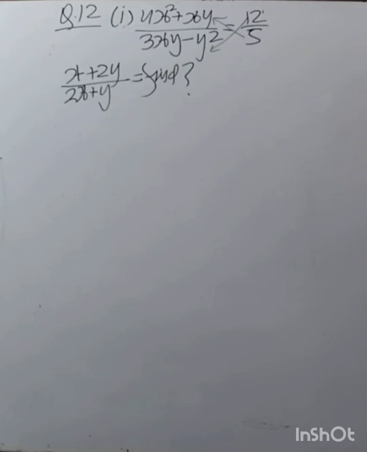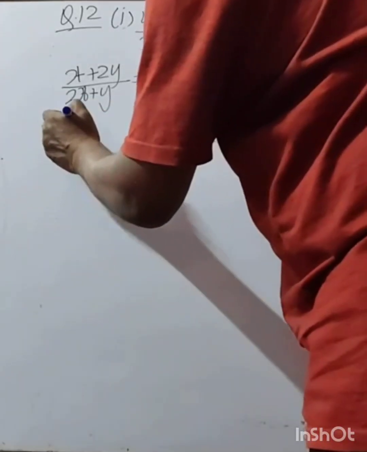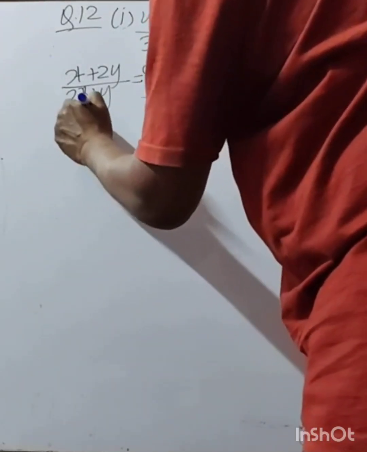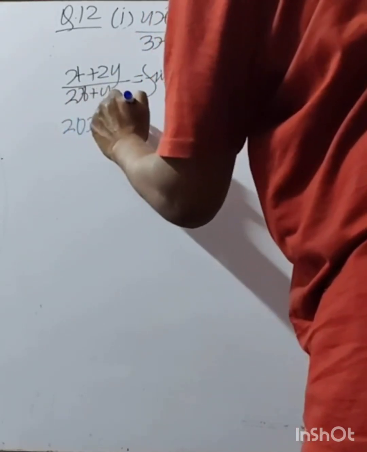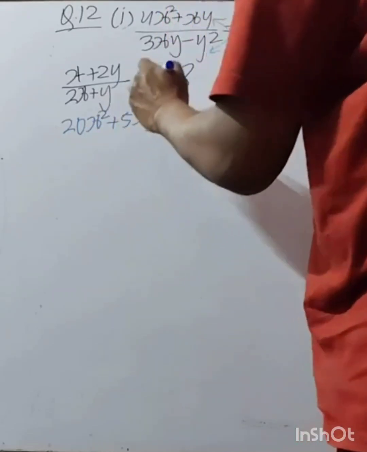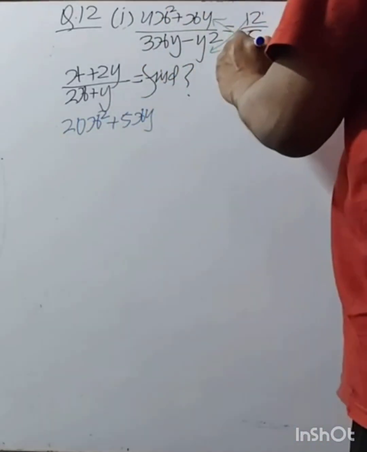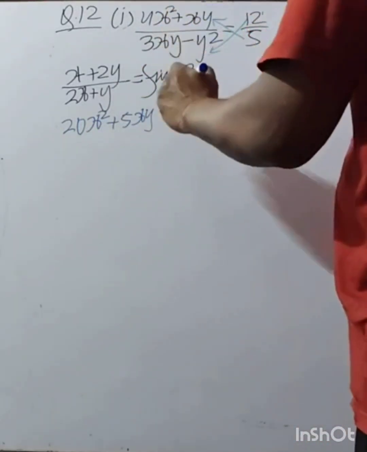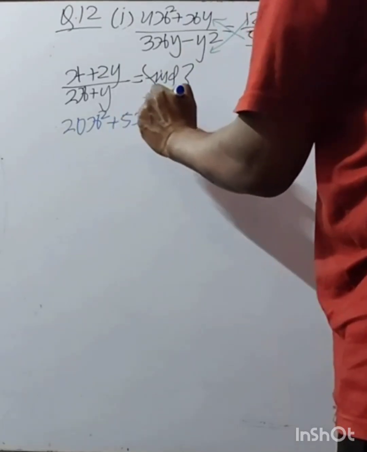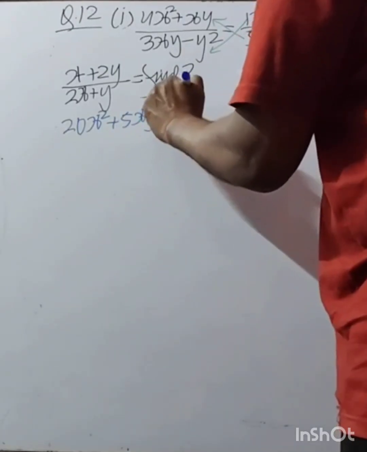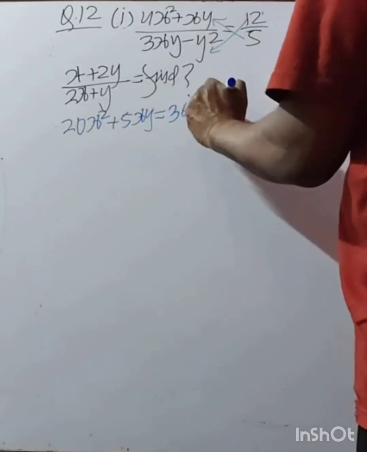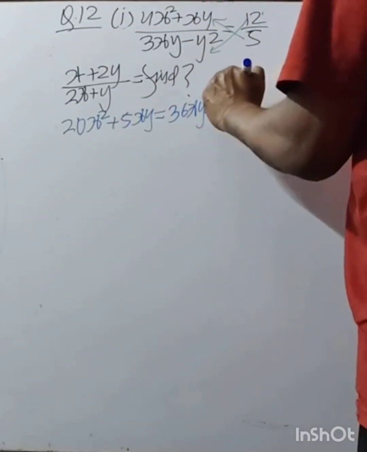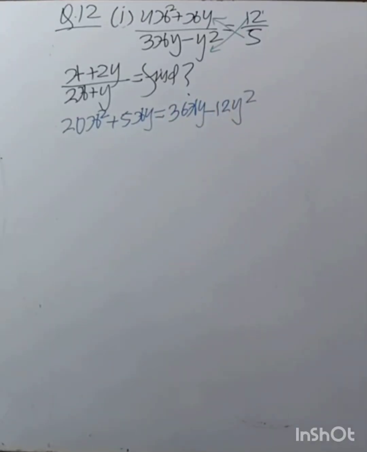You will get 20x square plus 5xy, right, is equal to 36xy minus 12y square. Is this? Yes.